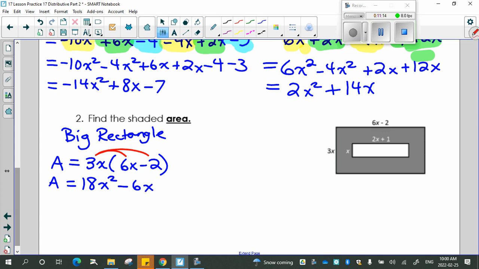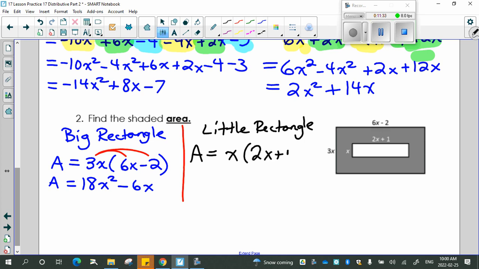Now if I want to find the area of the little rectangle, what would that area be of the little one? x times 2x plus 1. And if you do that, Jacob, what do you get there? 2x squared plus 1x, good. I can either put 1x or just x, my choice.